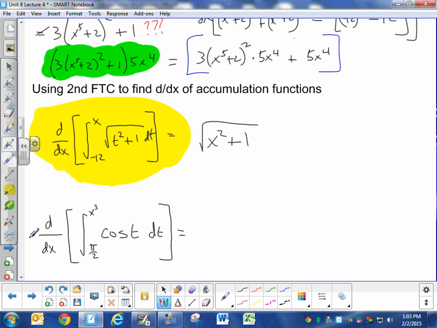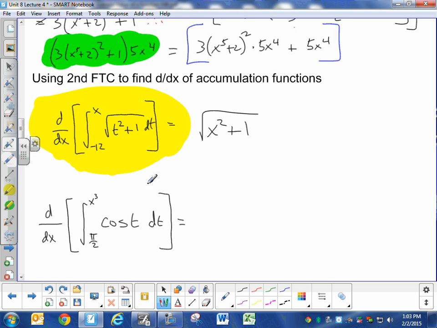Well, this one you could go through the messy stuff, but let's see if you could just find the derivative of this without doing the messy stuff, and just applying the rule that we just discovered.